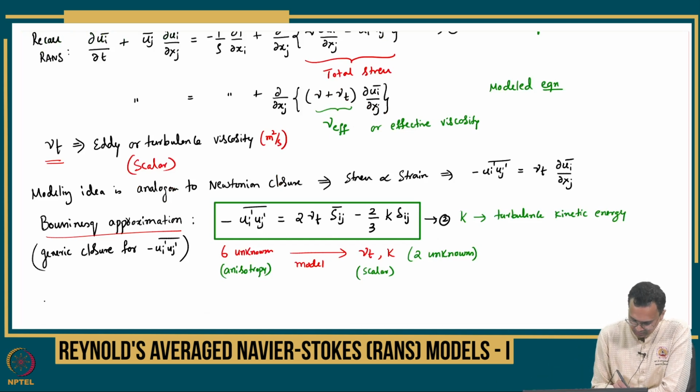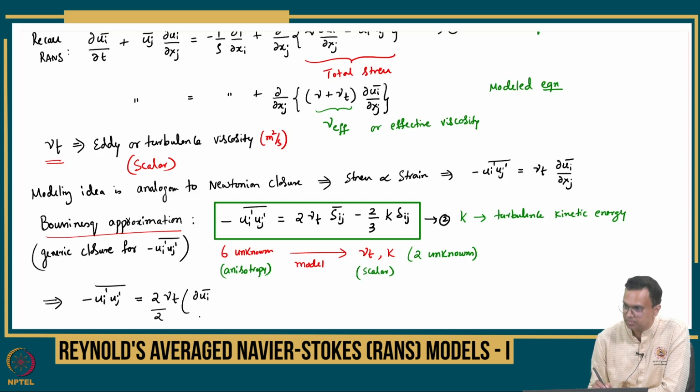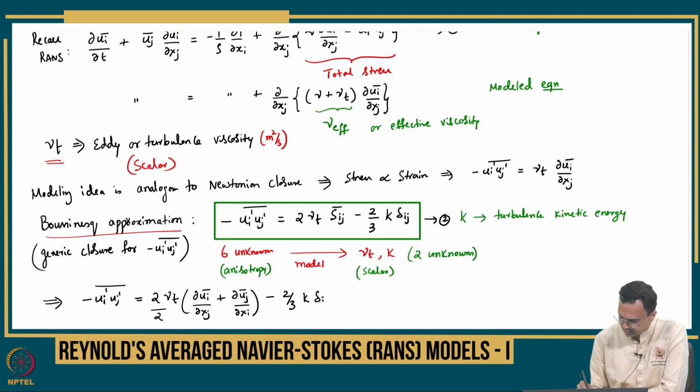If I expand it, I get minus ui prime uj prime over bar equal to 2 nu t times dou ui bar by dou xj plus dou uj bar by dou xi, expanding the mean strain rate tensor, minus 2/3 K delta ij.